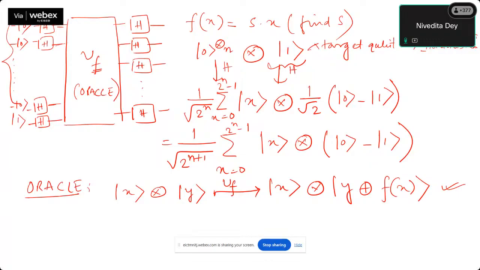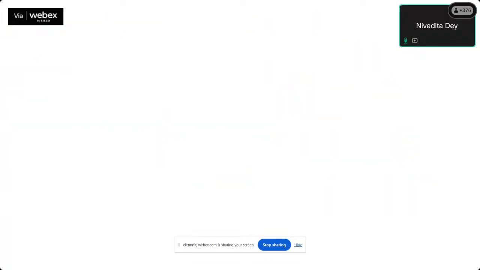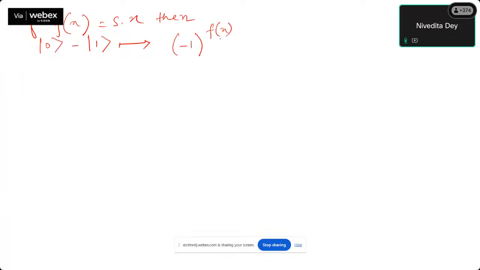And if f(x) is s times x, then ket 0 minus ket 1 we can write in this way: minus 1 to the power f(x), then ket 0 minus ket 1.